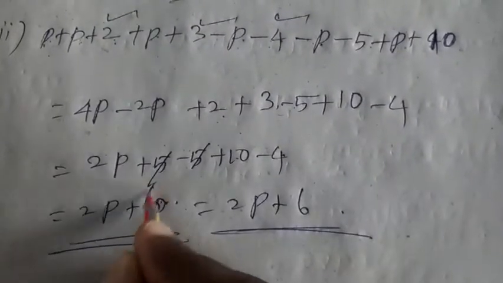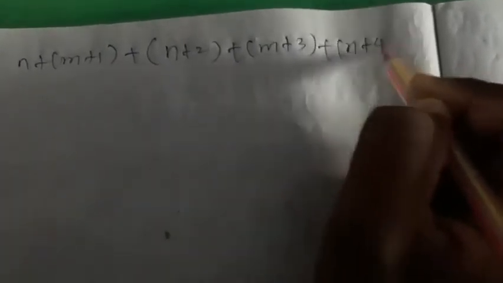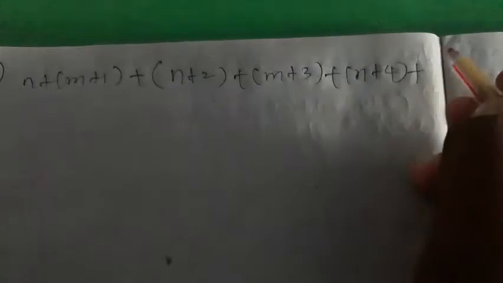Okay. So one small mistake. Next going to see the third subdivision. So given one, take it right. What is given? n plus m plus 1 plus n plus 2 plus m plus 3 plus n plus 4 plus m plus 5.